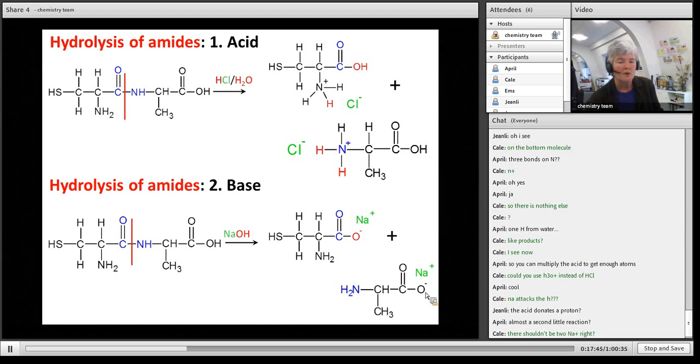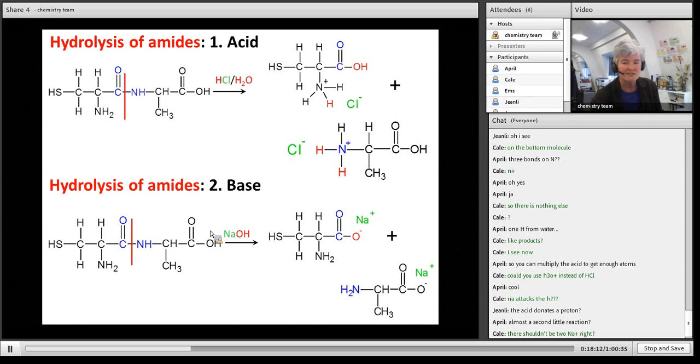We add the acid and base to give the impetus to break this bond, but then they will react further. In fact, if you did a career in synthetic chemistry where you had to make things, you spend a lot of your time protecting groups, adding things onto your molecule to protect it so it won't react further, and then you do this.